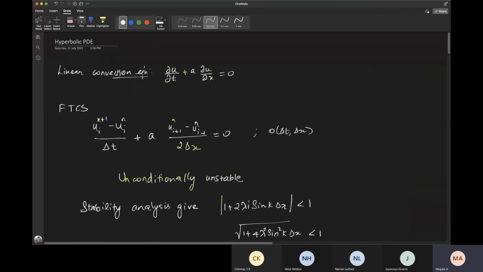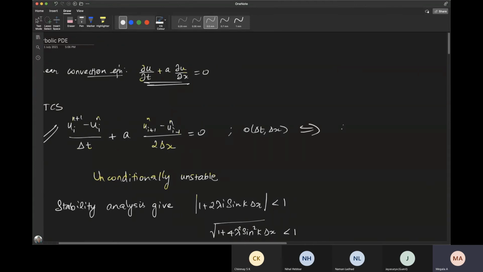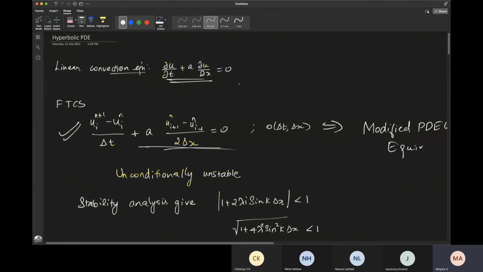So when you have some differential equation, you convert it into a difference equation, right? For this, you can further do modified PDE or equivalent PDE analysis. When you do that, you're going back, but the right-hand side will not be zero.